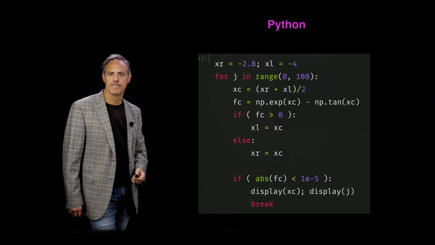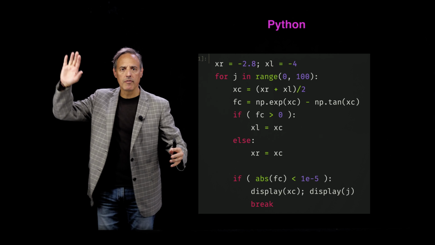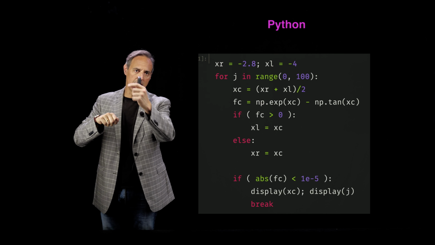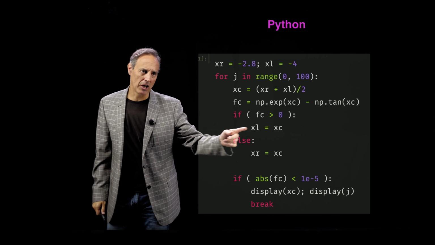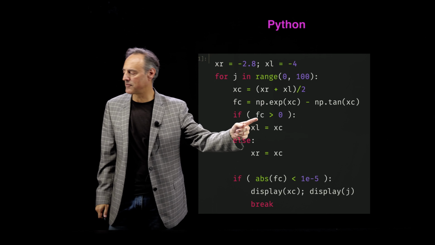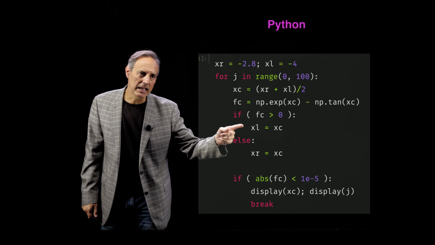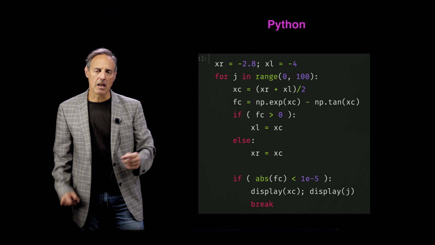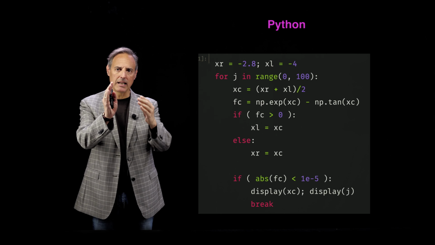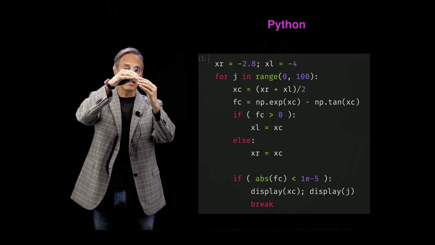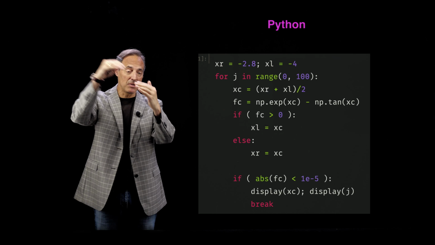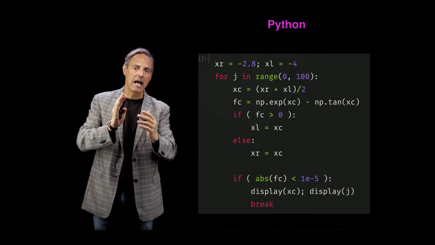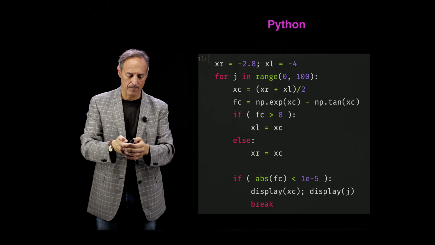Now remember, my curve at -4 was above, and at -2.8 it was below. So now I'm going to do the logic structure here. So here's the curve, f of c. I'm asking the question: is f of c positive or not? If I go to the midpoint and it's positive, that means I haven't dropped below 0 yet, because remember, at -4 I am at a positive value.